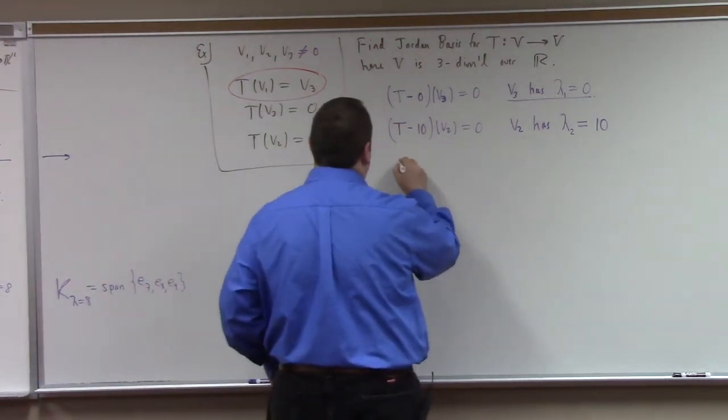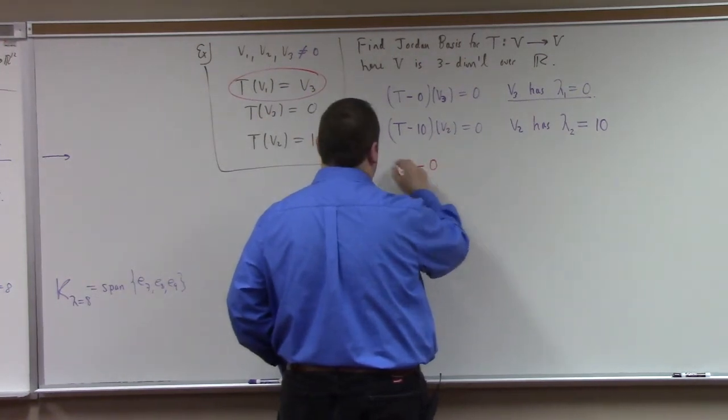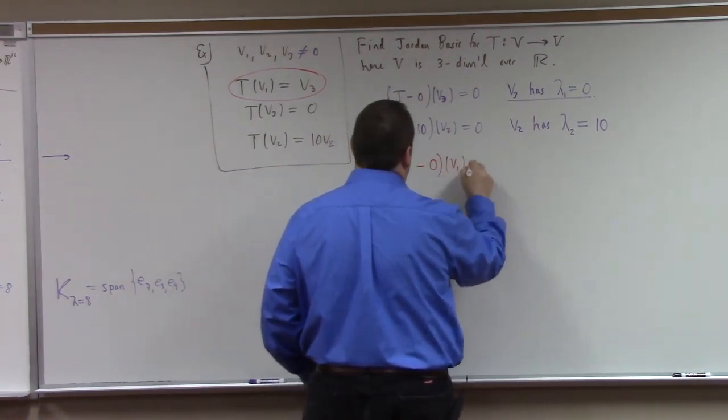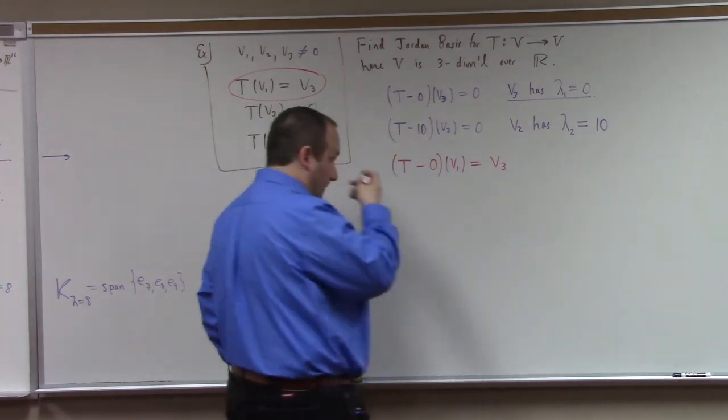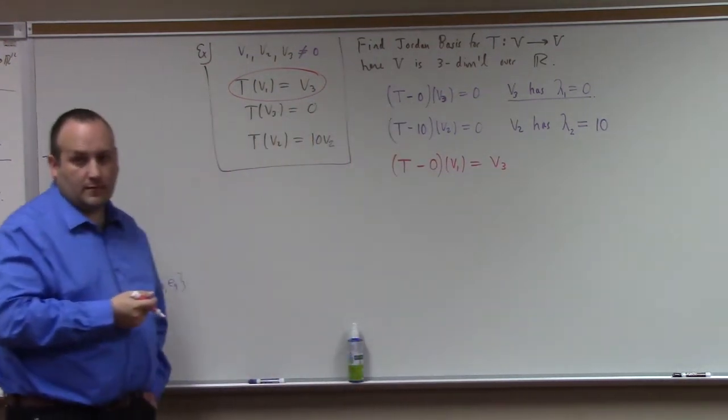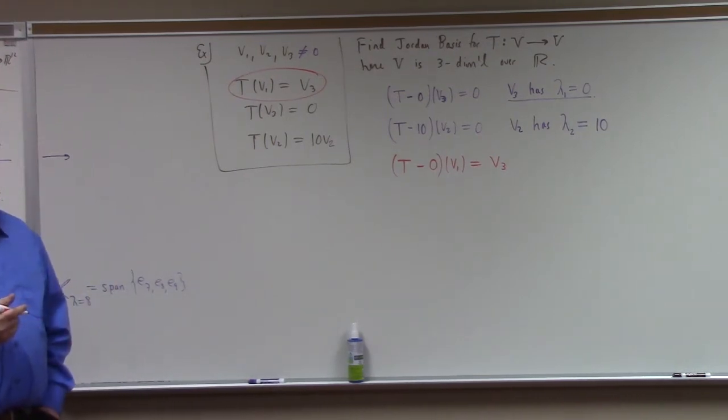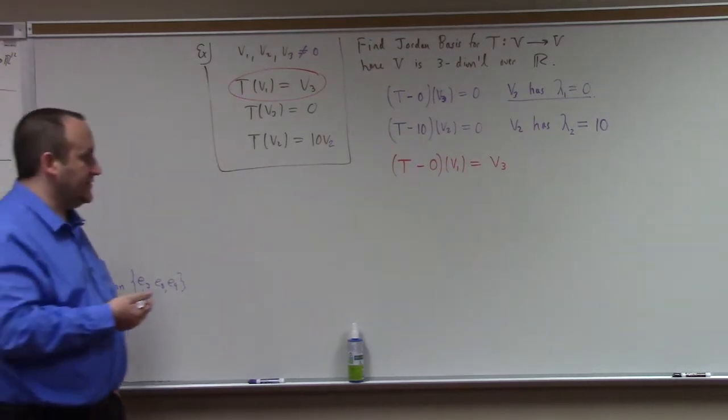We could also write this as T minus 0 acting on V1 equals V3. So what happens if you hit it with another copy of T minus 0?